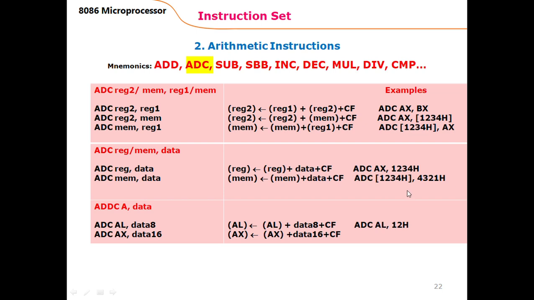This is an example of 8-bit immediate addition with carry. This 8-bit 12H value plus the carry flag plus the 8-bit content in the AL register are added, and the result is stored back into the AL register. The same can happen for the 16-bit value, and even for higher registers if they are available.